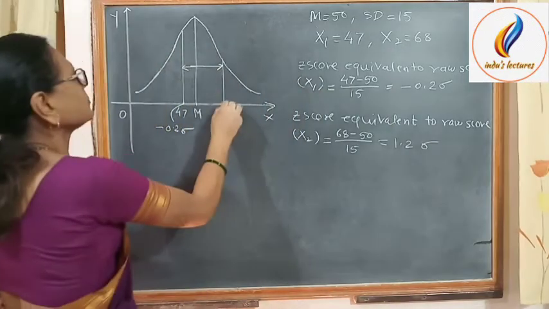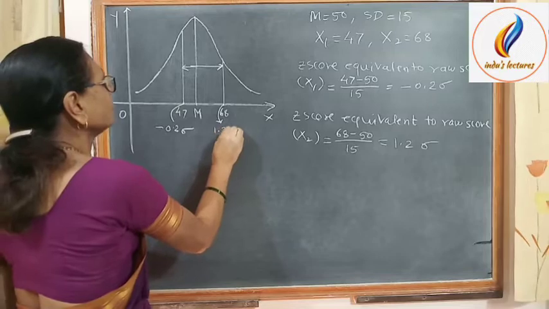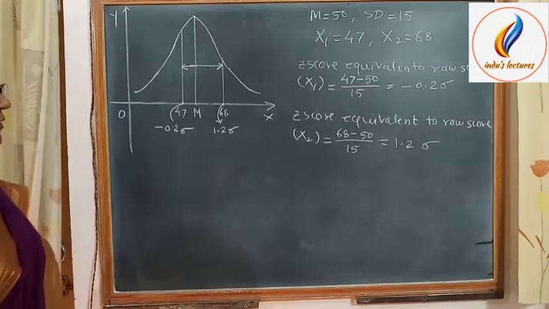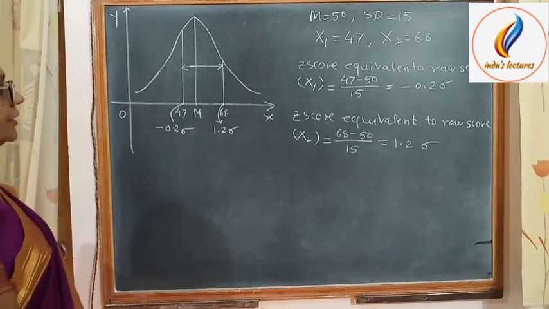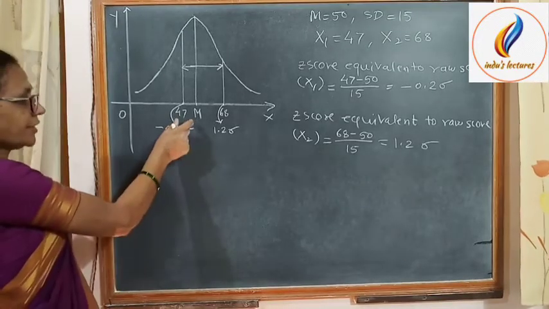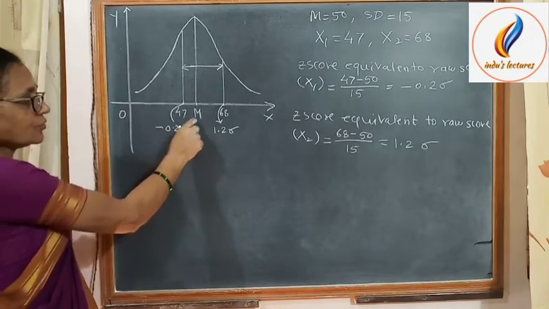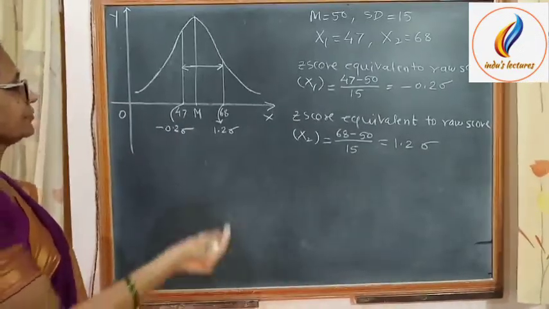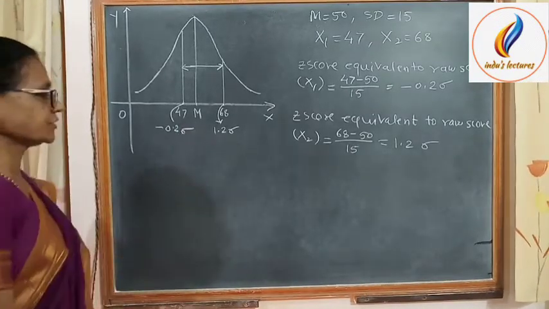That means this point is at 1.2 sigma. Now from the normal curve table, find the percentage of cases lying between minus 0.2 sigma and the mean, as well as the percentage between the mean and 1.2 sigma.